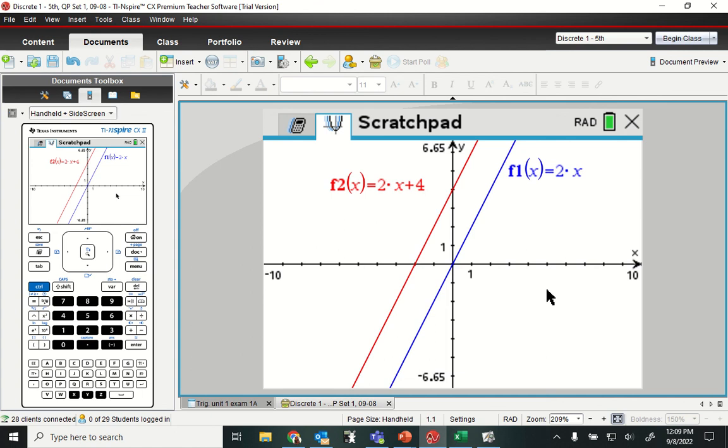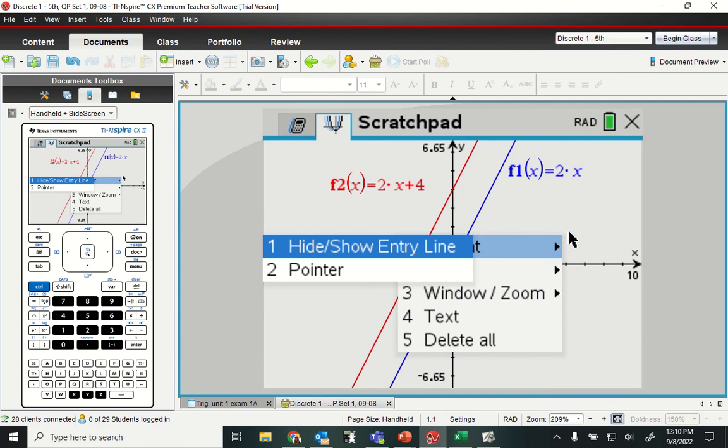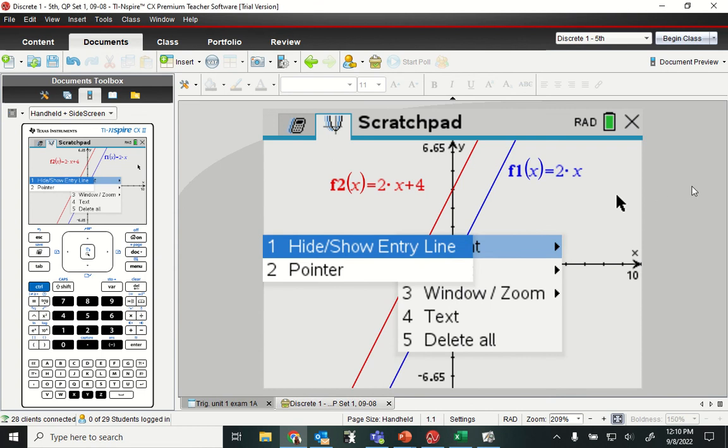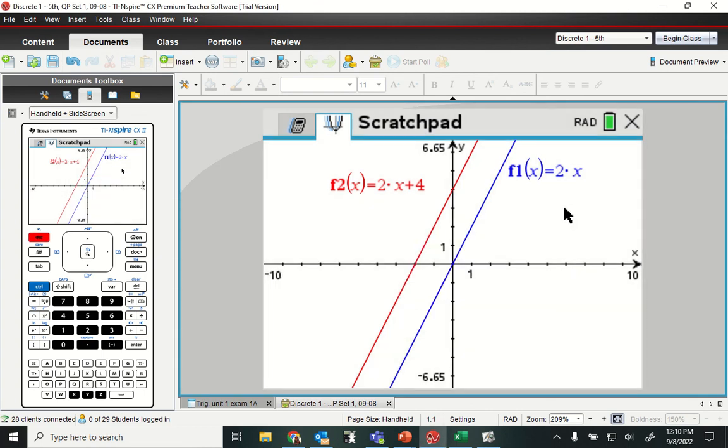Is anyone having trouble getting theirs on a graph to work? No one?